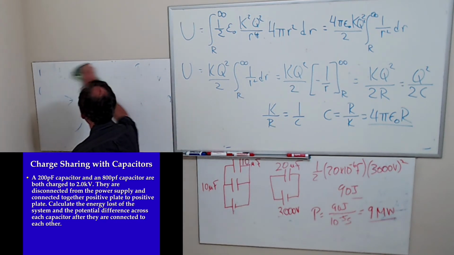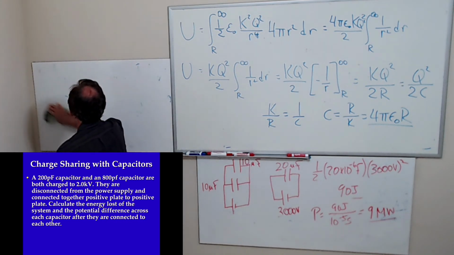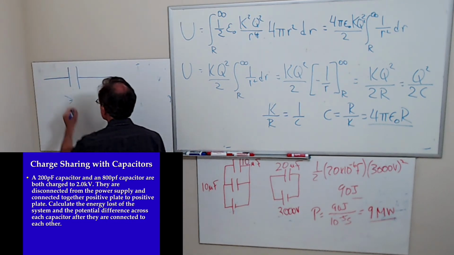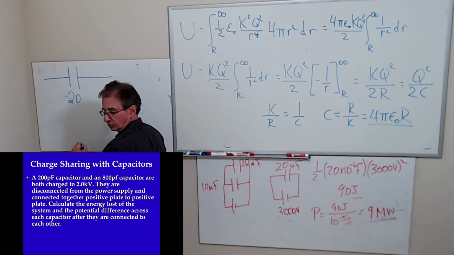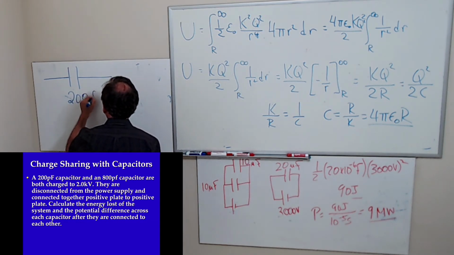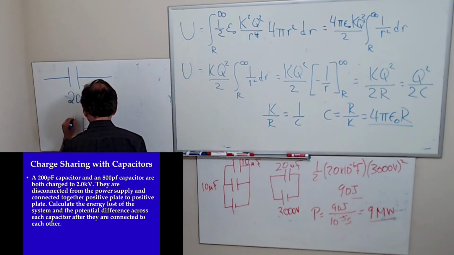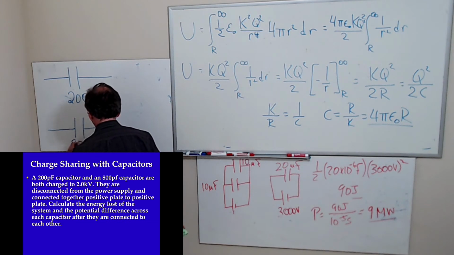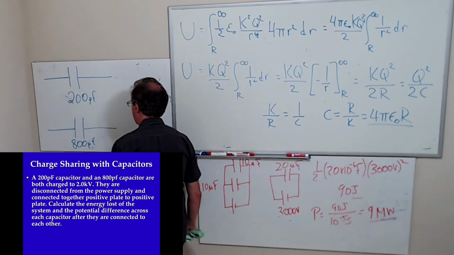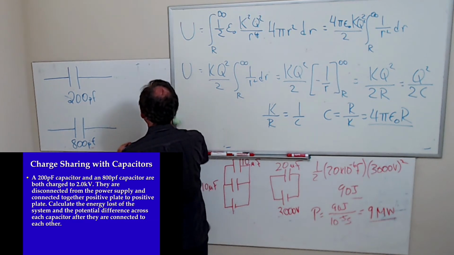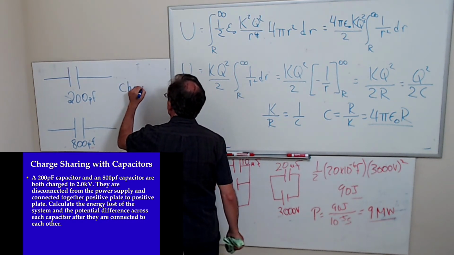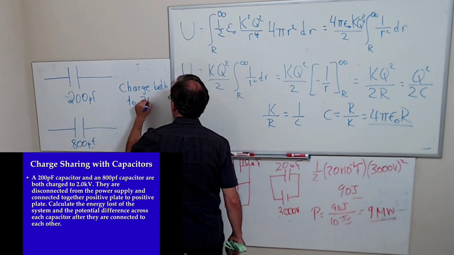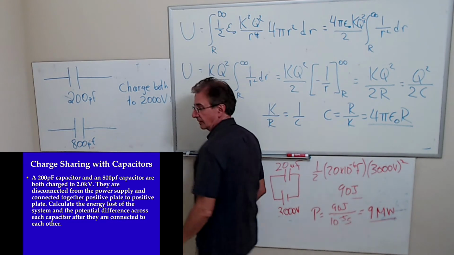Let's say I get the first capacitor, which is 200 picofarads, and the second one is 800 picofarads. And I charge them both to 2,000 volts.